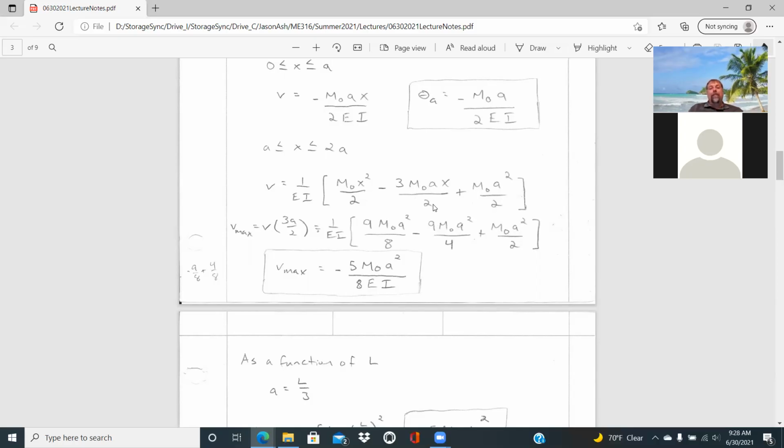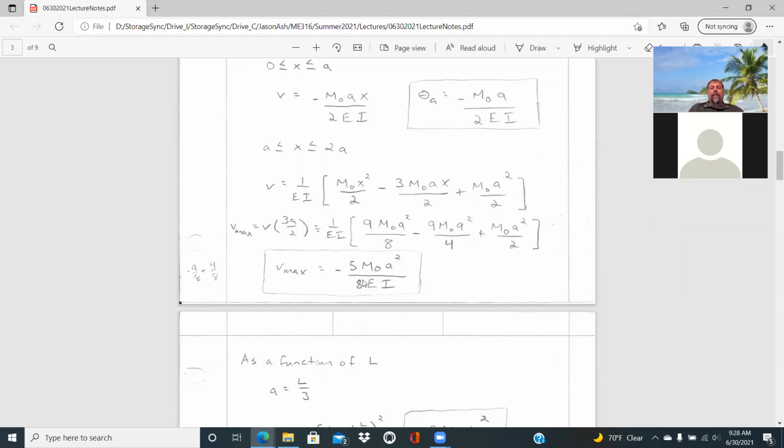Divided by 2 times 2 gives you the 4, plus an M0 a squared over 2. And 8 is a common denominator, so we're looking at 9 minus 18 plus 4. Will give us a minus 5/8 M0 a squared over EI.